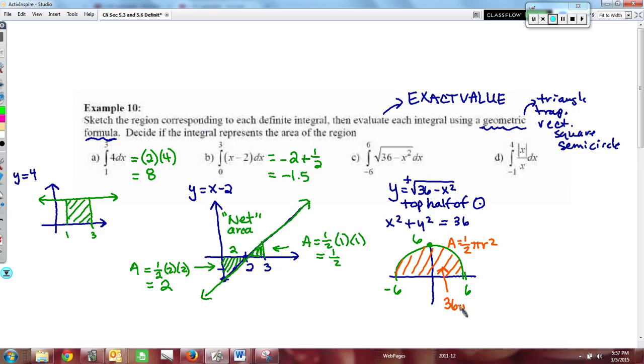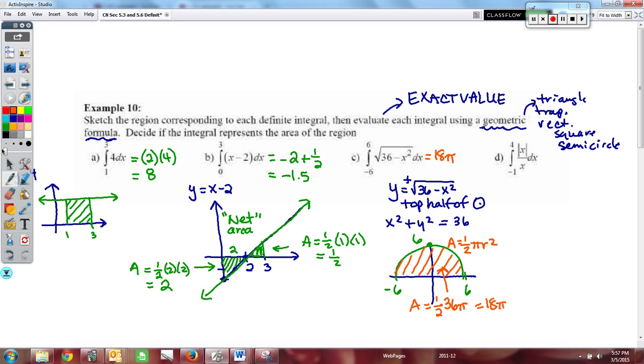Well, the definite integral and the area are exactly the same thing. The function is above the axis, hence the definite integral and the area are the same thing. So my answer is 18 pi.